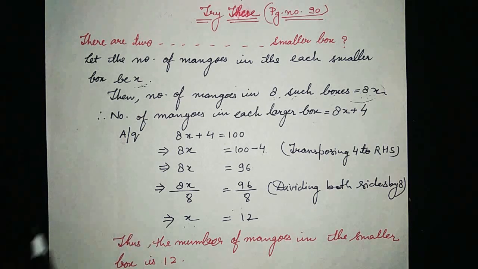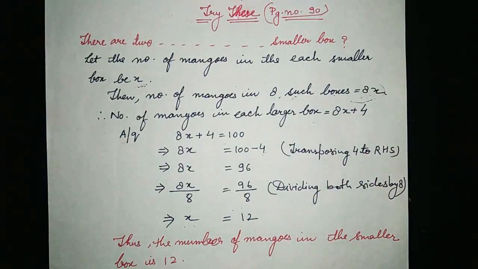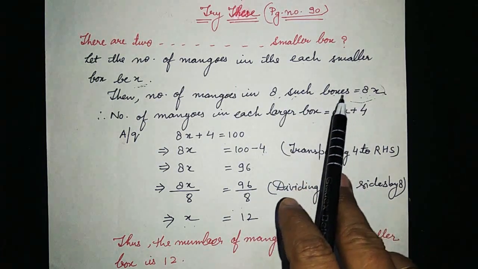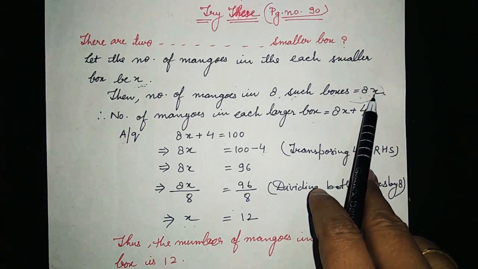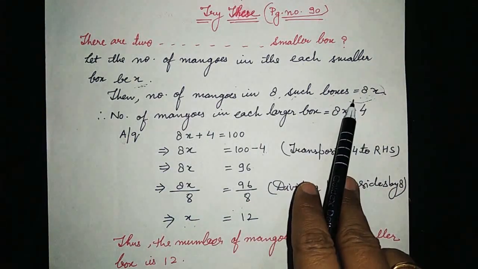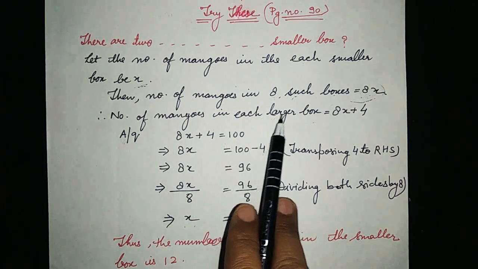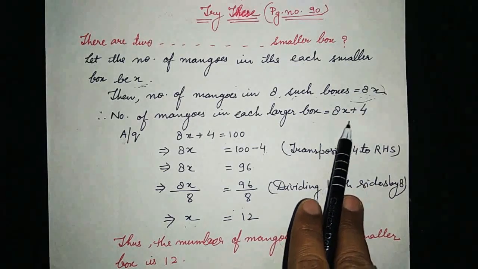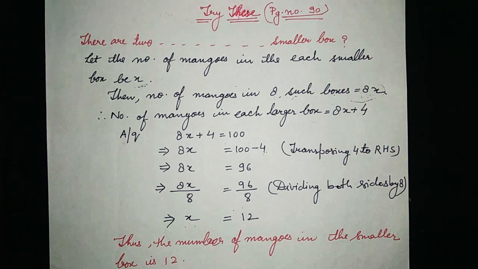So if number of mangoes in each smaller box be x, then number of mangoes in 8 such smaller boxes will be 8 into x. Okay. Now according to the question we will make the equation. And number of mangoes in larger box, how many? 8x plus 4, because this thing you have seen in the second sentence only.